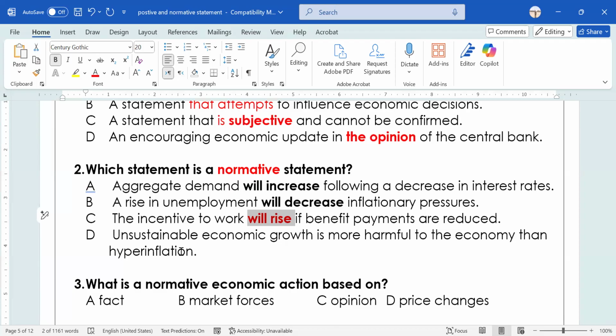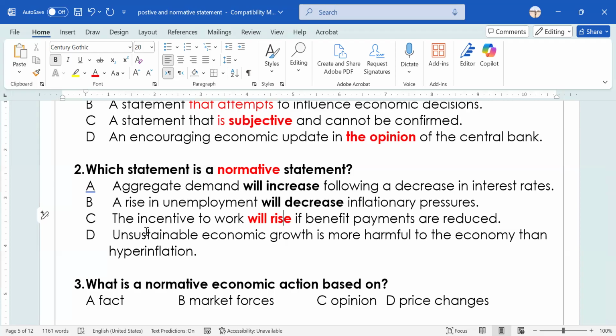So you have the keyword will rise, which suggests that people will be more motivated to work if they get less support. Okay, so why is this one positive? Because this is a hypothesis about behavior. So economists can study how people respond to changes in benefits. And again, it is a cause and effect.